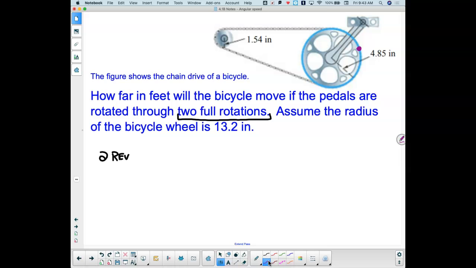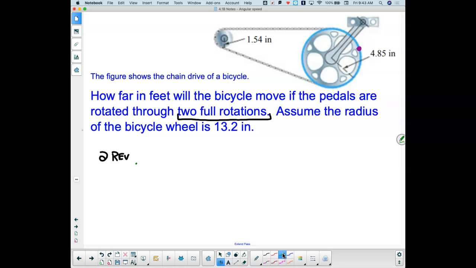Where is that? On the 13.2 radius, outside of the wheel, right? So right now I'm on the pedal. I need to get to the wheel. All I've got is revolutions. What can I do? I can go from revolutions to radians. How can I go from revolutions to radians?